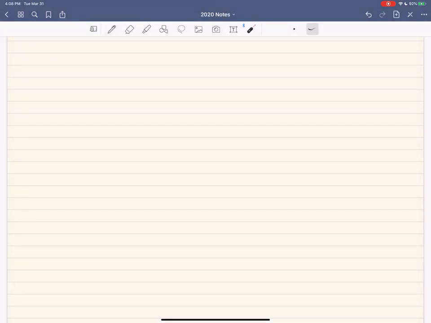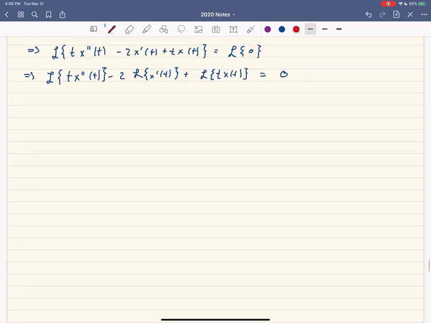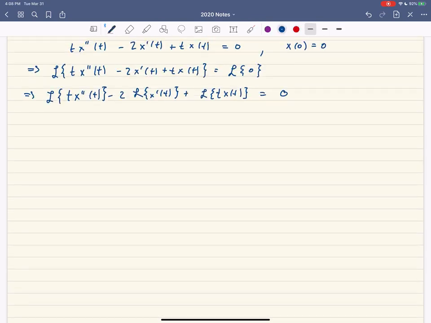So the t times x double prime of t gave us negative s squared times capital X prime of s minus 2s capital X of s.